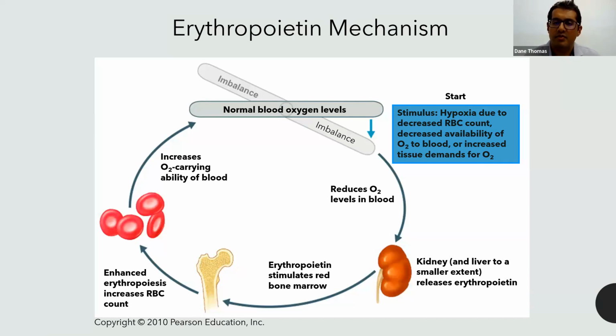The kidneys identify that and release a hormone called erythropoietin, which stimulates the bone marrow to make more red blood cells, and therefore there are more red blood cells in the circulating blood, which can correct and improve the oxygen levels in the body.